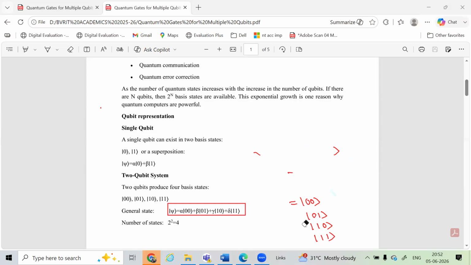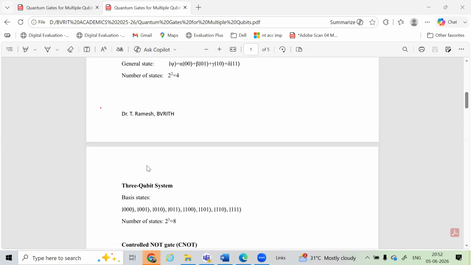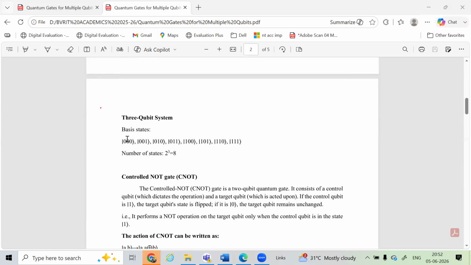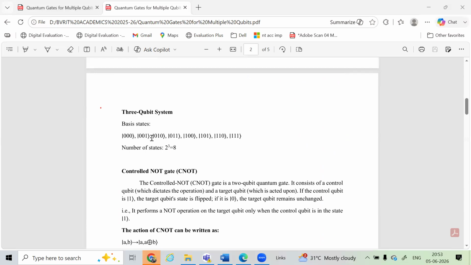But what about the three qubit system? We have 2 power 3, a total of 8 states: 000, 001, 010, 011, 100, 101 and so on. Similarly, we have 8 states. So how can we write these states as a superposition?